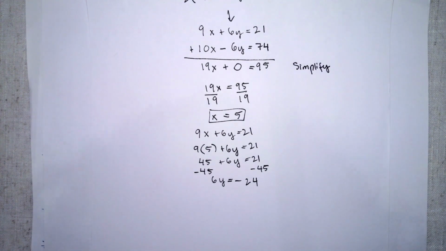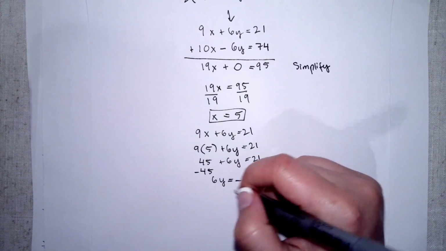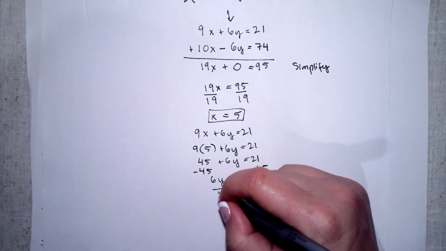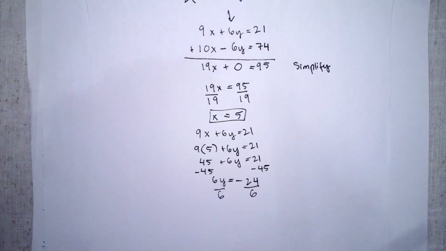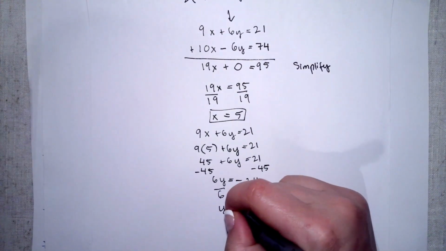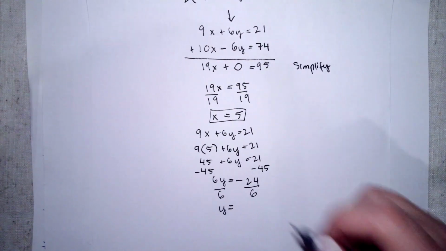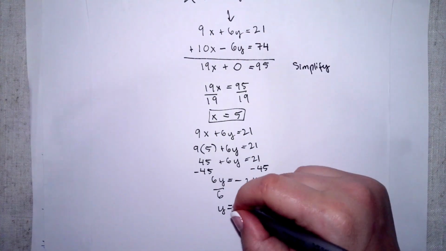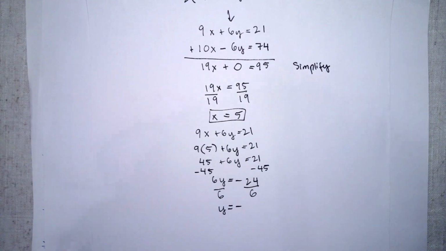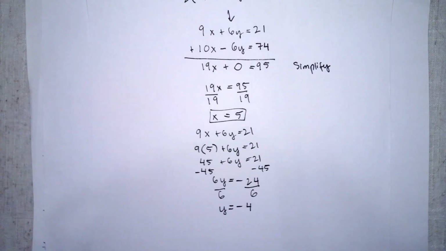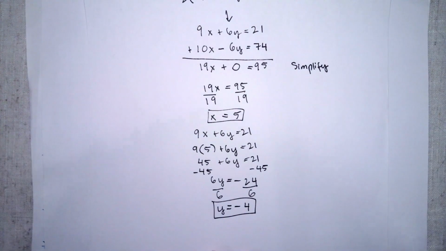Okay, awesome. So now we're going to, again, isolate the y, so we're going to divide by 6 on both sides. And we're going to get y equals 24 divided by 6, and it's going to be negative. It's going to be 6 times 4 is 24, so negative 4. And that is our second variable.